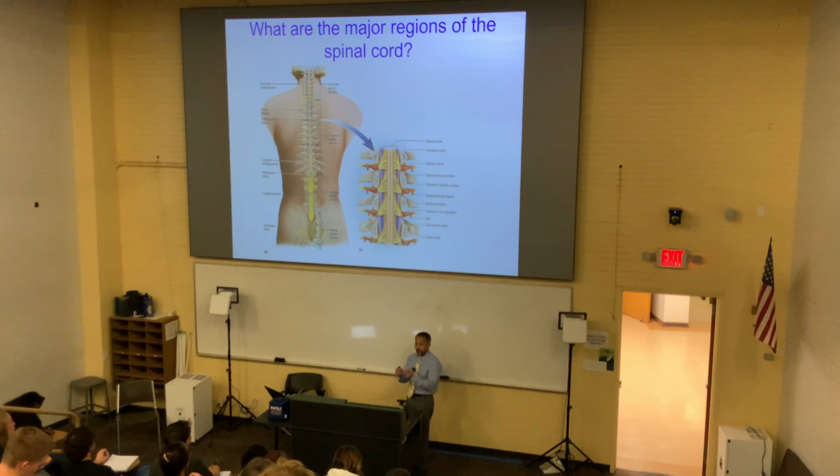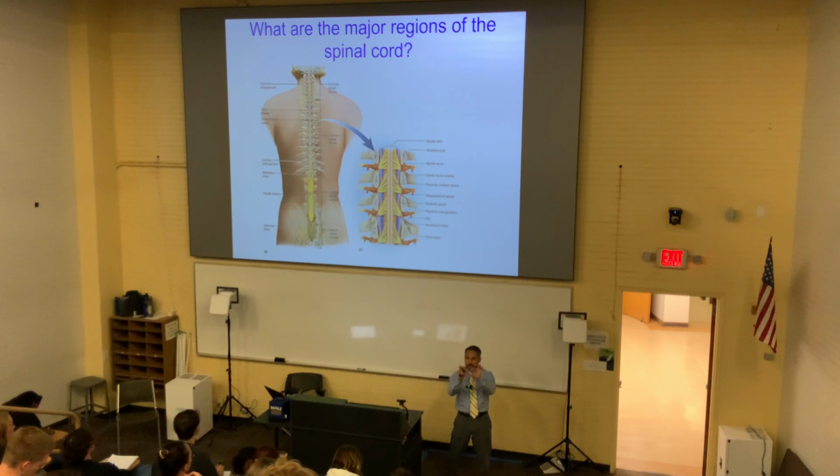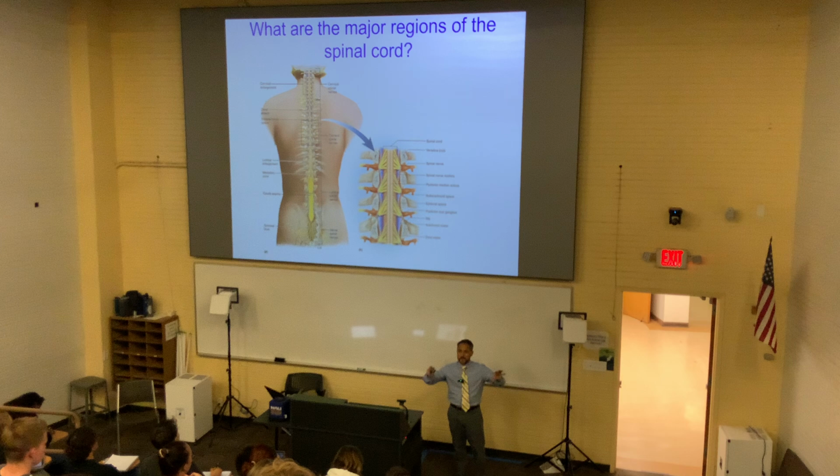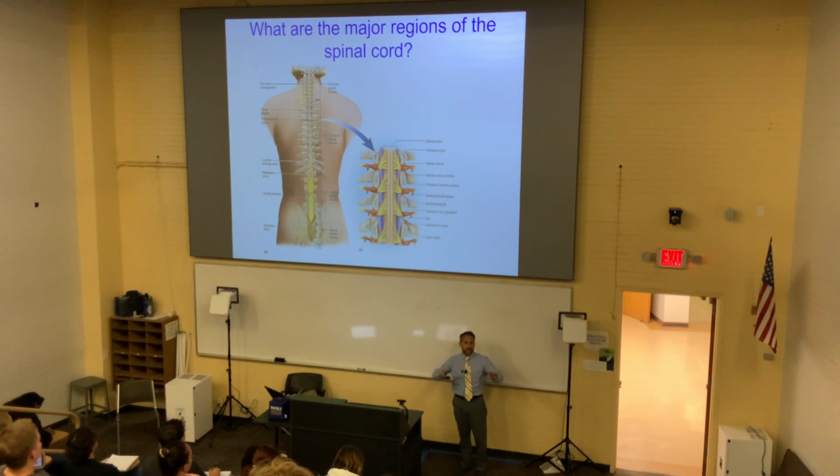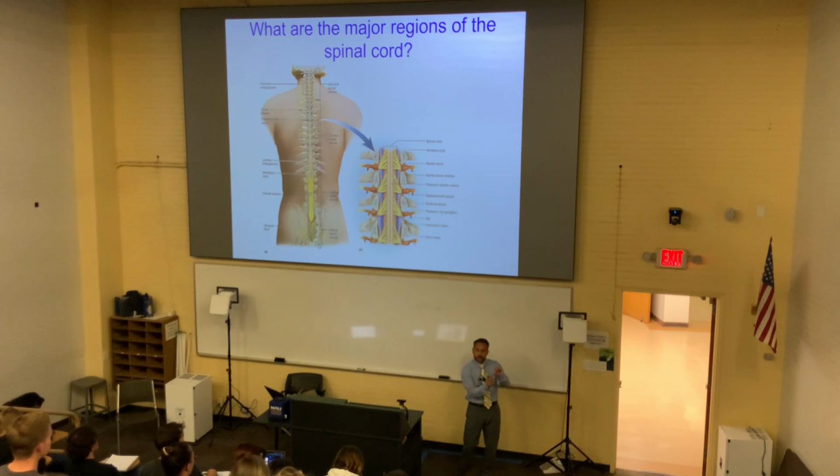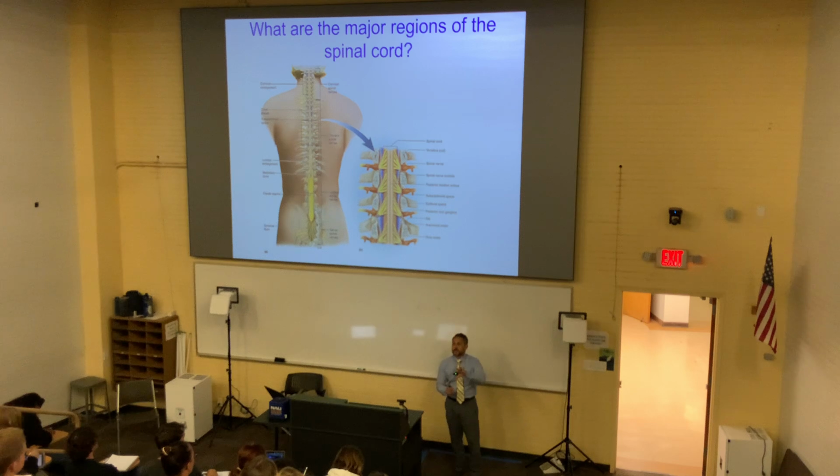And all of these levels have nerves that leave the central nervous system and extend out into the periphery. And once they leave the spinal cord, they become peripheral nerves, right? Magically. That's where the label moves from central to peripheral. Just like what we saw with cranial nerves.